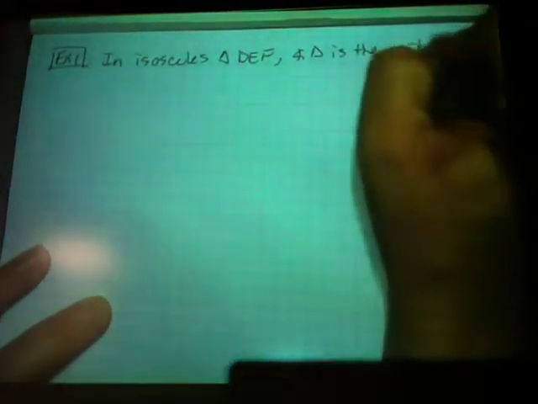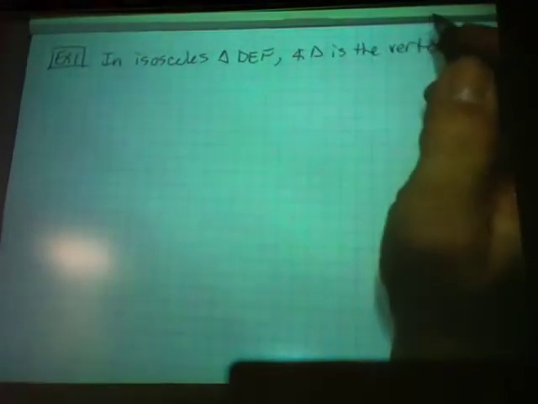Alright, so example 1. In isosceles triangle DEF. So the fact that they're calling the triangle an isosceles triangle, immediately your brain should engage and say, oh, that means that two sides are equal or two angles are equal. Angle D is the vertex. So that's telling you now which sides are the legs once you draw the picture.